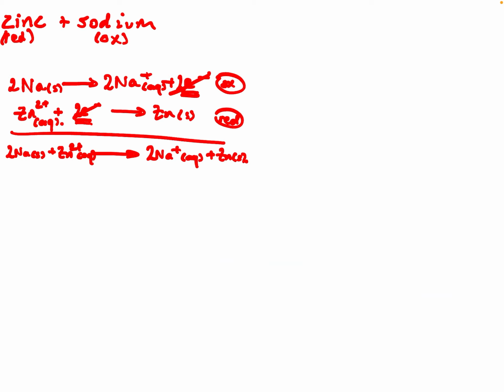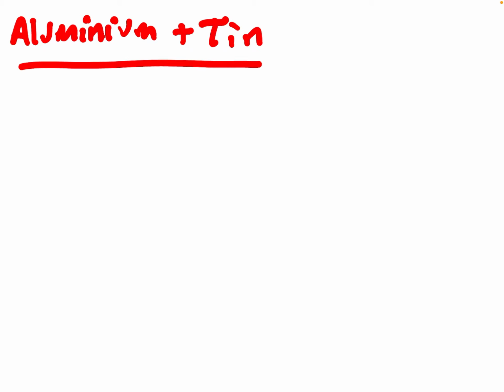Let's try another one. Let's try aluminium and tin. Okay, so we need to work out which one is going to be higher up, and obviously I need the data booklet to help me with that because I can't remember that off the top of my head.